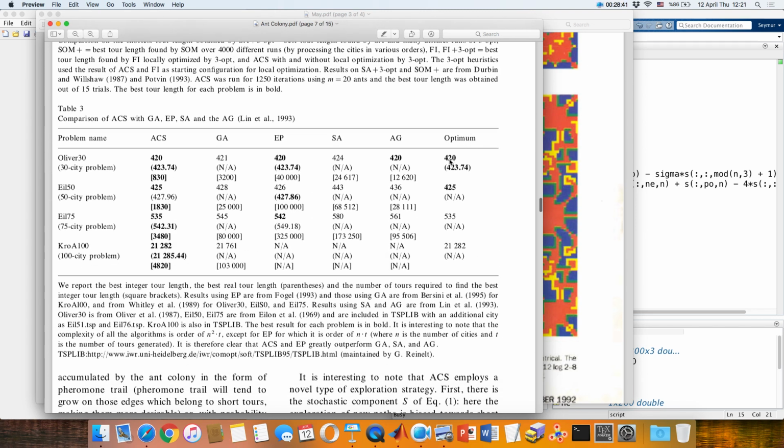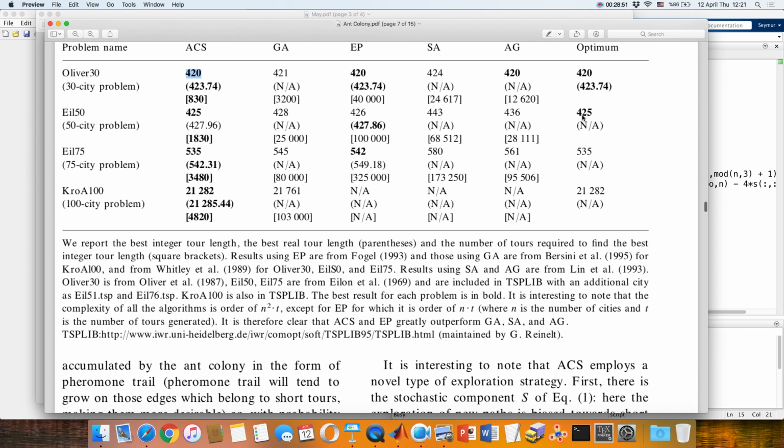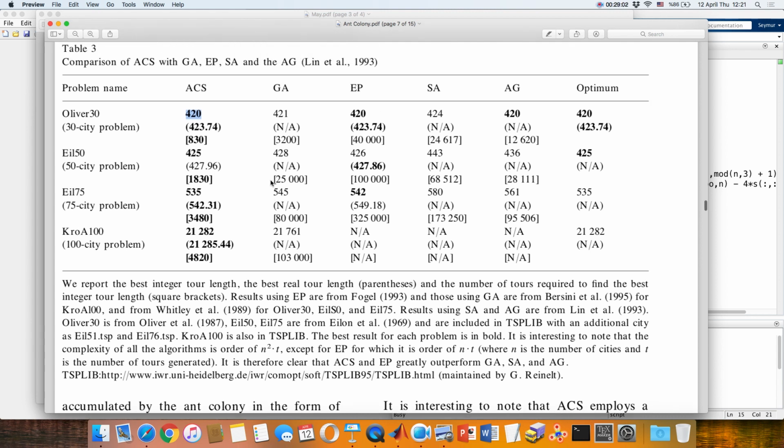So optimum is 420, right? They reach the optimum for the 30 city problem, and also they reach the optimum for the 50 city problem. Also for the 75 city problem. Do they get the optimum always?